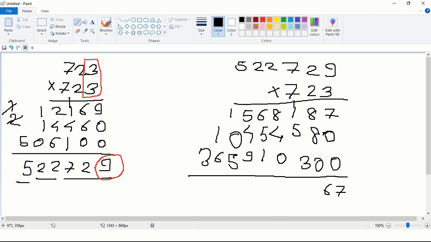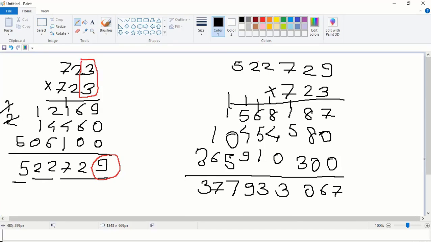Now 5 plus 3, 8, 9, 10. 8 plus 1, 9, 9 plus 4, 13. 6 plus 1, 7. 7 plus 1, 8. 8 plus 5, 13. 5 plus 1, 6. 6 plus 4, 10. 10 plus 9, 19. 5 plus 2, 7. 6 plus 1, 7. And 3 as it is. So this is our final result.